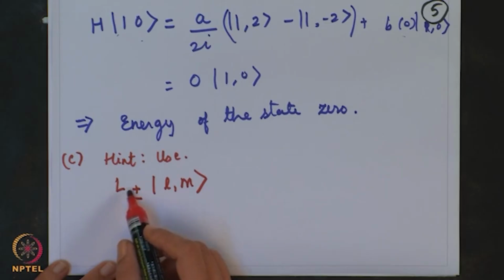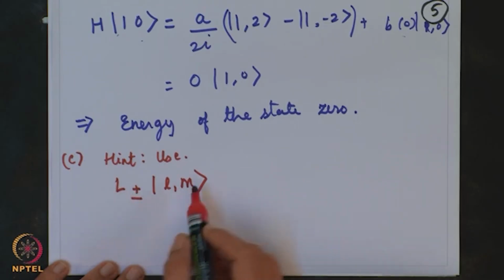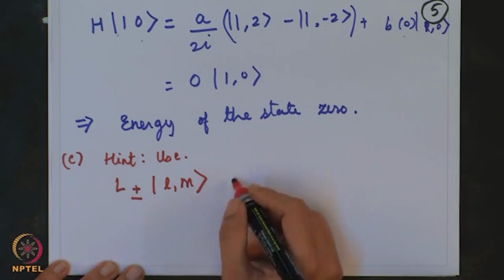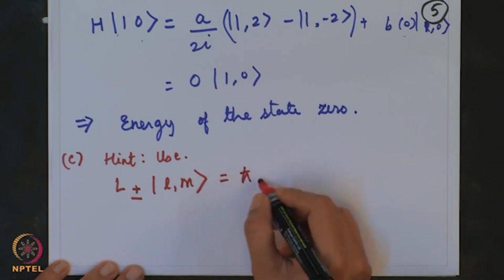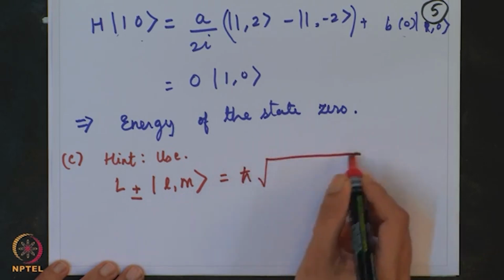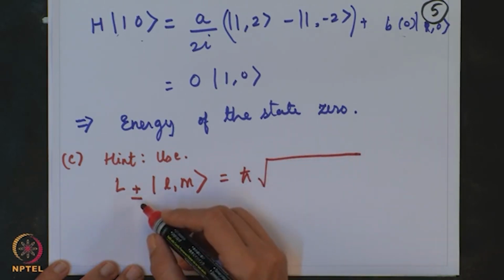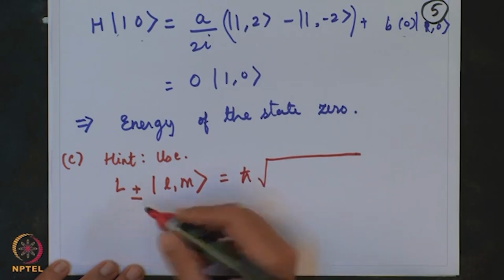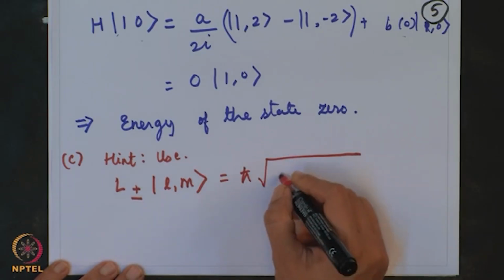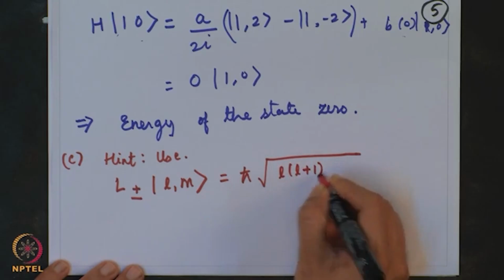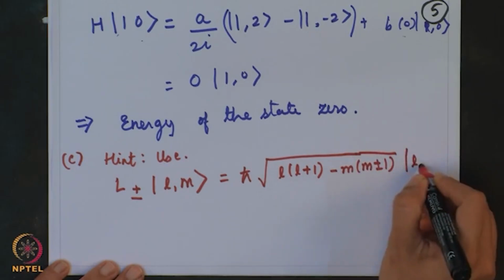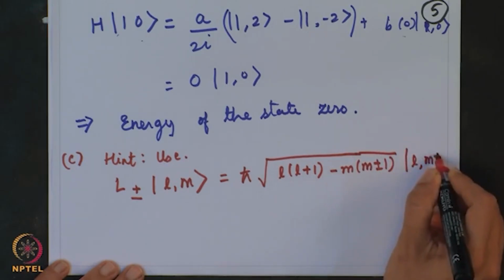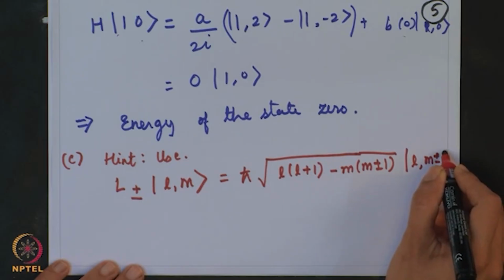When you operate the ladder operator, plus or minus, on the state l comma m, what I obtain is h cross square root, with a C plus or minus, which is nothing but the Clebsch-Gordan coefficient, of l into l plus 1 minus m into m plus or minus 1, times l comma m plus or minus 1.